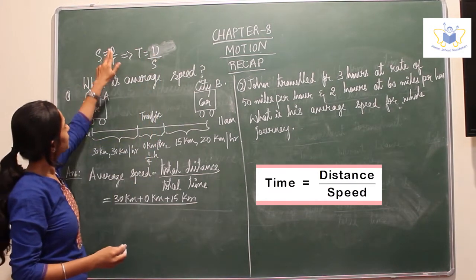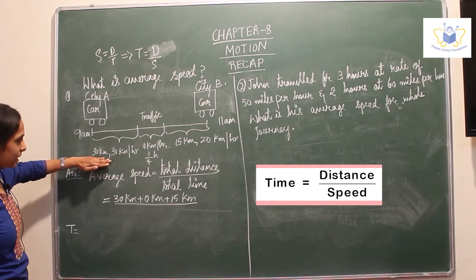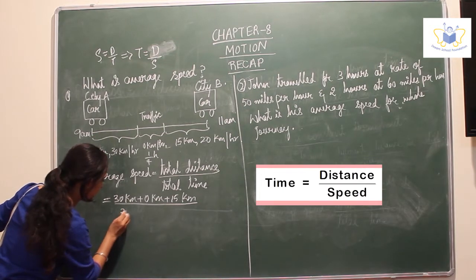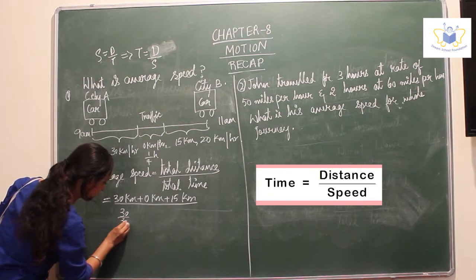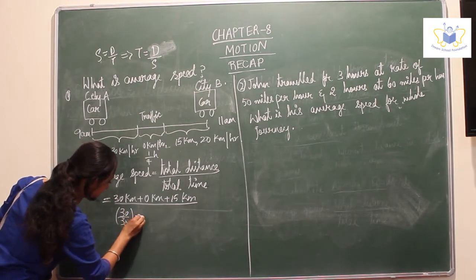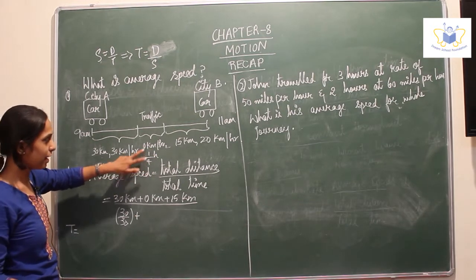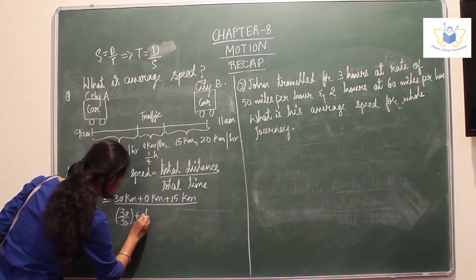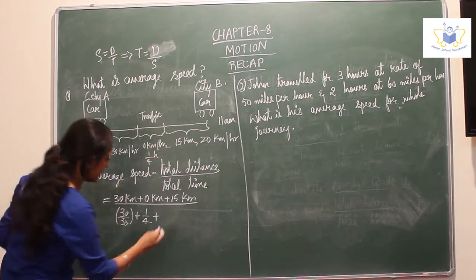Now for the first time, what is the distance? 30, divided by the particular speed, 30 kilometers per hour. Plus, for the second, it is 0 by 1 by 4, which is 1 by 4 hour, plus 15 by 20.